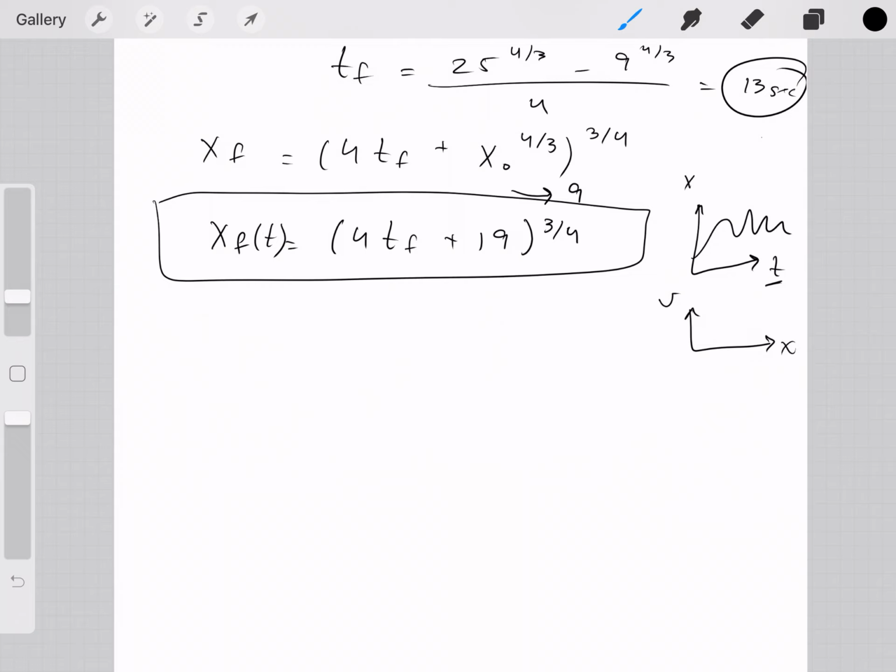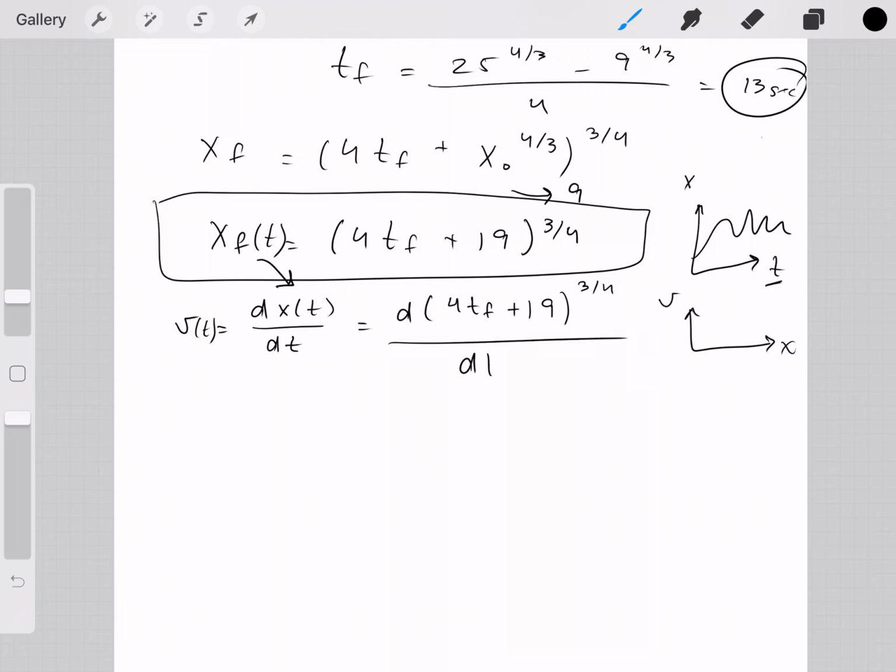Now let's move on to getting velocity in terms of time. And as I mentioned just a second ago, you can take the derivative of it. So this is going here, and you get d of (4t_f plus 19) to the 3/4 over dt.